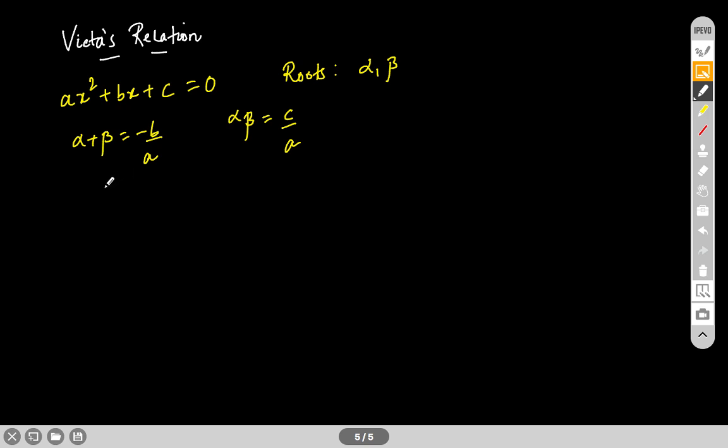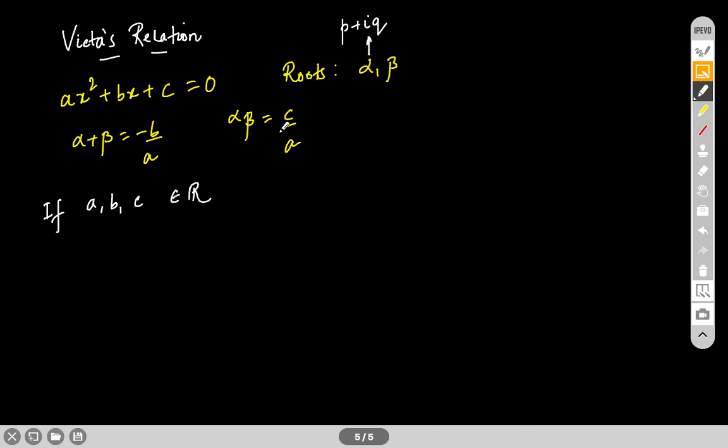Now, this very important thing that comes out from this relation is that if all a, b, c are real, and let's say any one of the roots alpha or beta is non-real or imaginary. Let's say alpha is p plus iq. You understand i and all complex numbers?